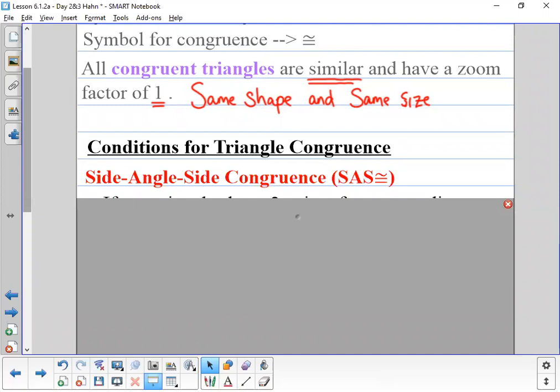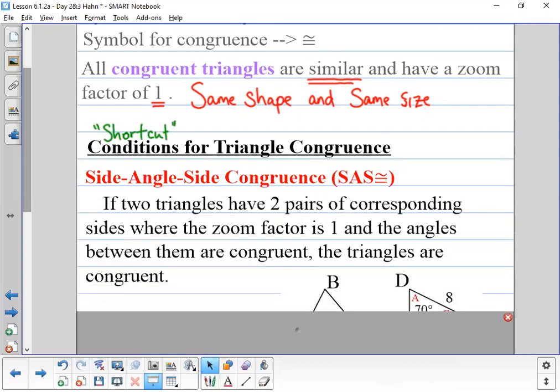So we looked at this, we had side angle side similarity as a similarity condition, and we saw that we can also use it as a congruence condition or shortcut. So when I talk about these, a lot of times I call them a shortcut instead of a condition. It's the same thing. I like calling them shortcuts. So side angle side congruence.